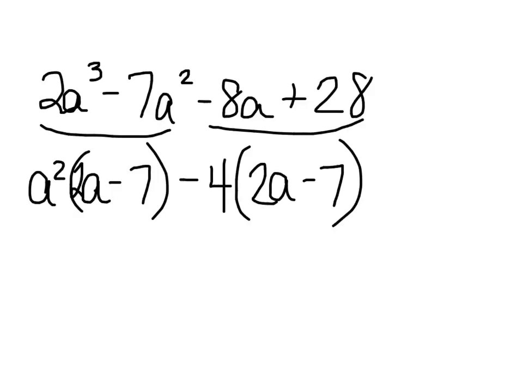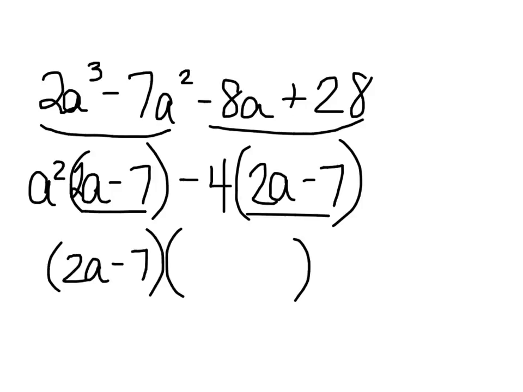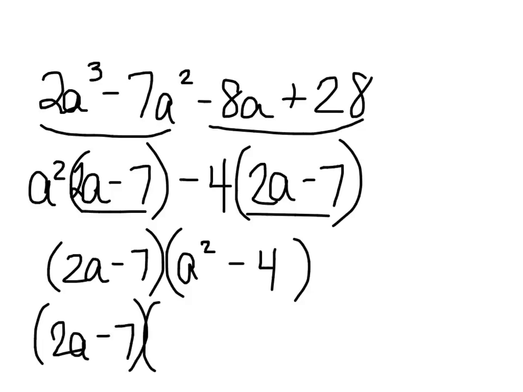If you do grouping right, what should happen always? The numbers in the parentheses should be the same. Are they? Yes. So if I write it down, in another set of parentheses, what's left over? a squared minus 4. Can a squared minus 4 go further?